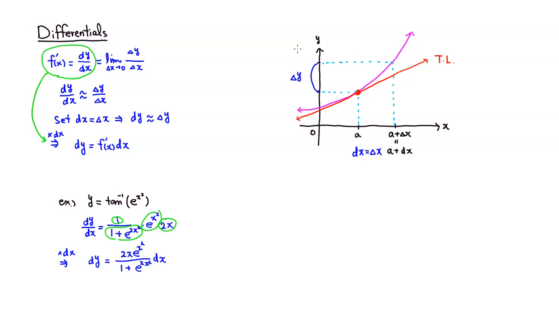And dy, on the other hand, is a little bit different. As you can see, it's the slope of the tangent line times the run, which gives you the rise. So here, dy represents only this much right here. This is dy.